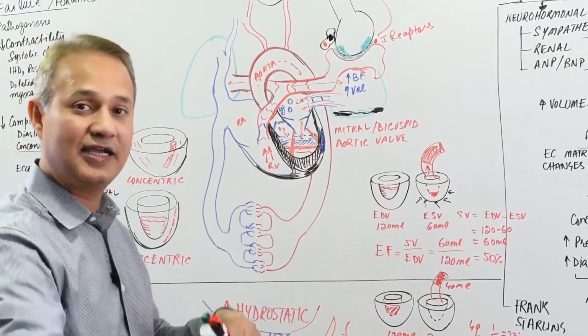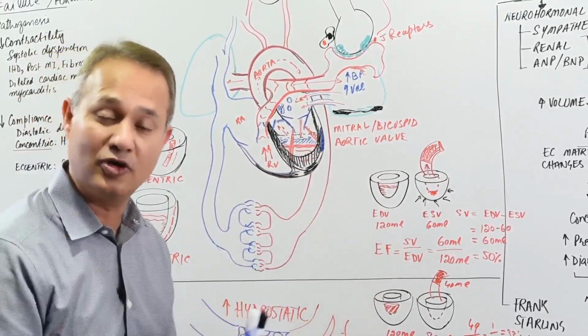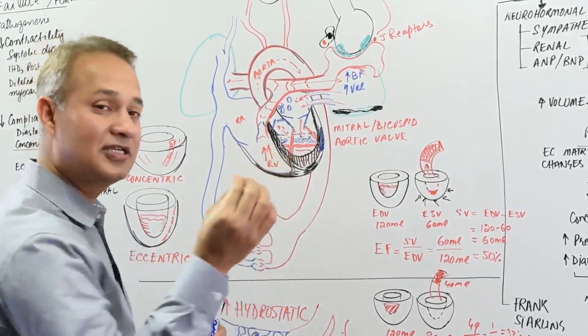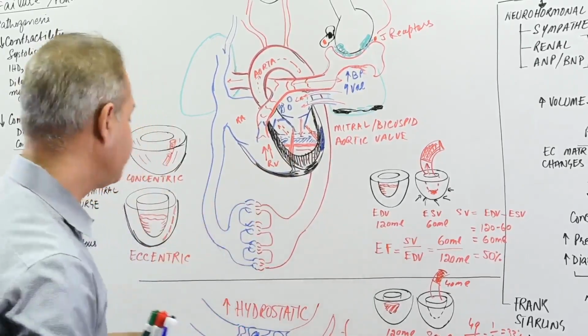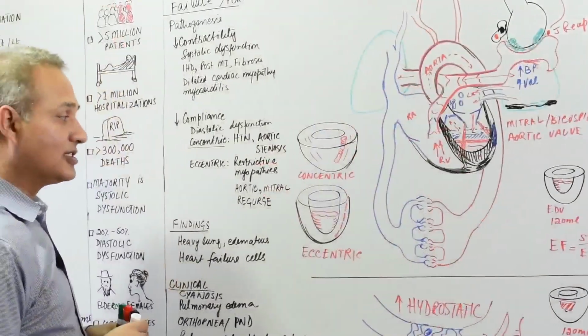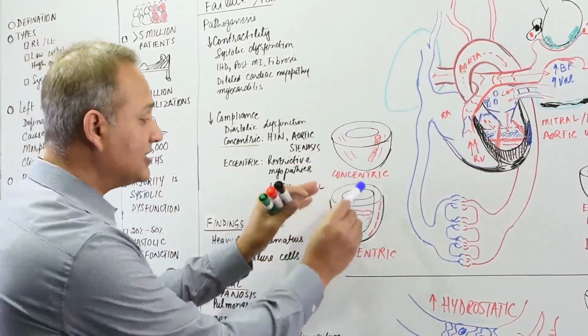So it is not dilating, it is not hypertrophying enough because there is not enough preload on it. So that is one condition where the bicuspid stenosis can help.